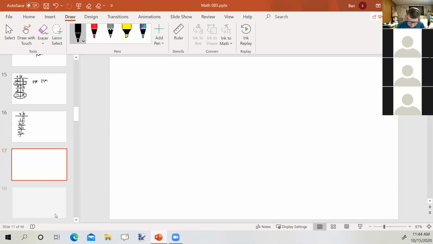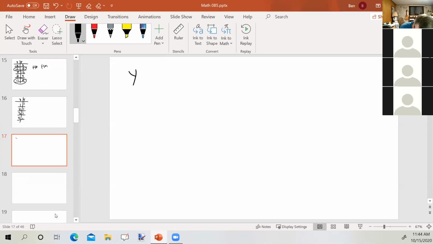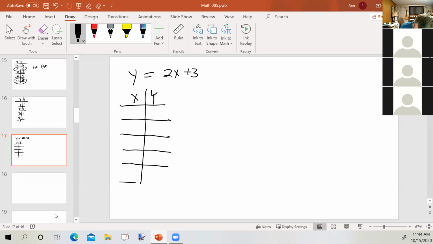Now, let's take the equation y equals 2x plus 3. And let's make a table. How about -2, -1, 0, 1, and 2? And let's complete the table. So if x is -2, how do we determine what y is? You just plug in -2 where x is and solve.